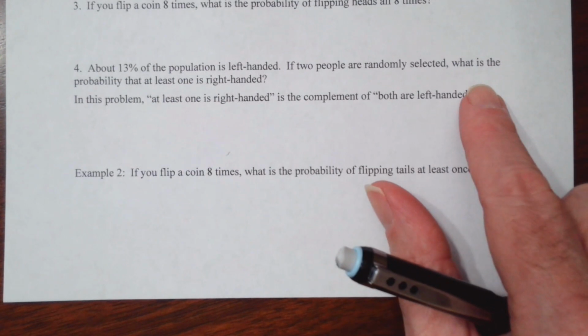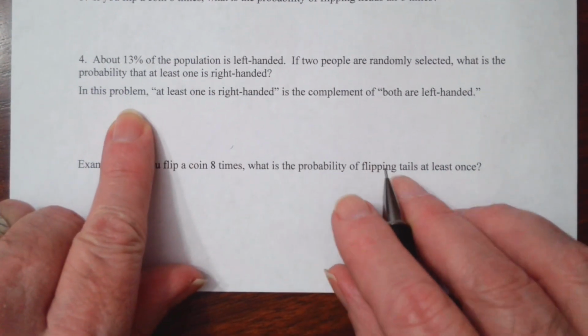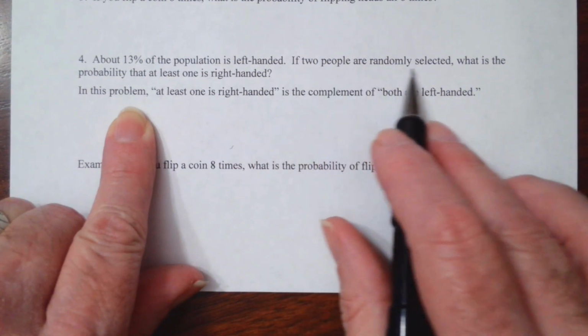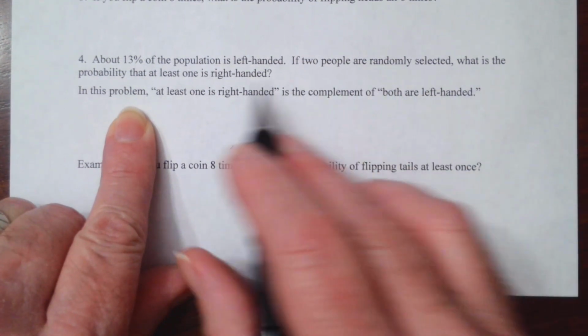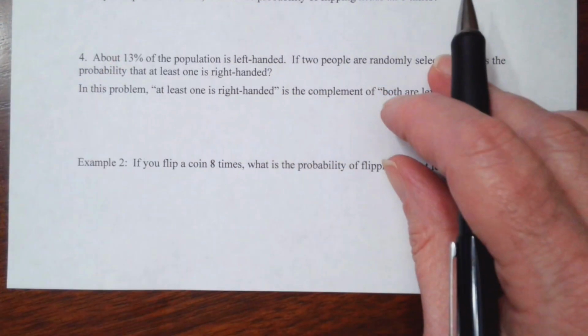Let's look at number 4. So let me just read the question one more time. If 2 people are randomly selected, what is the probability that at least one is right-handed?